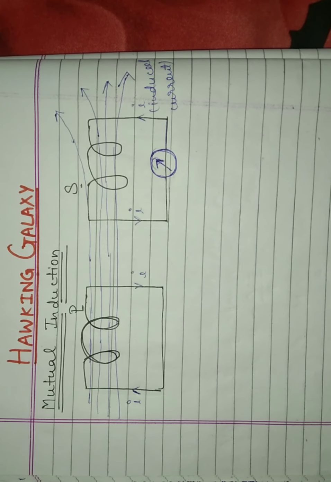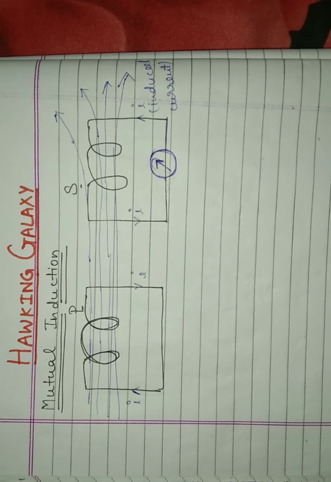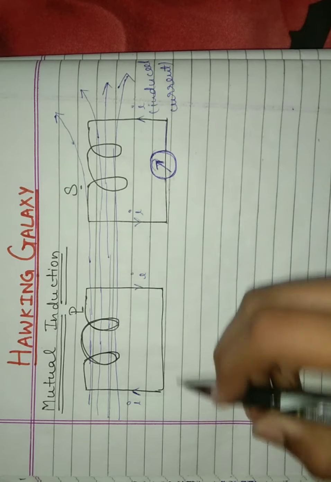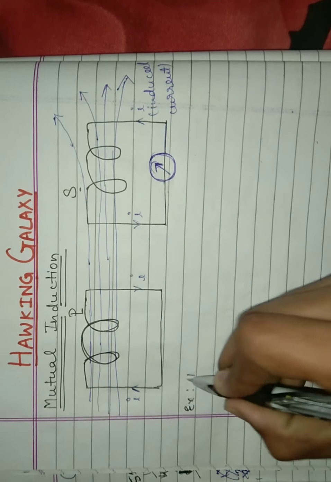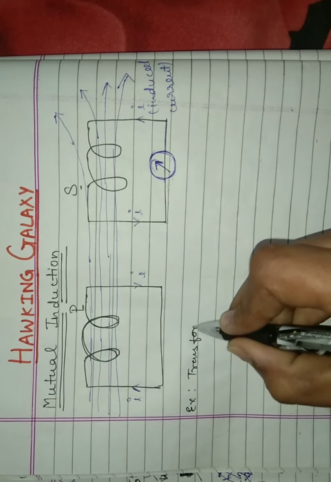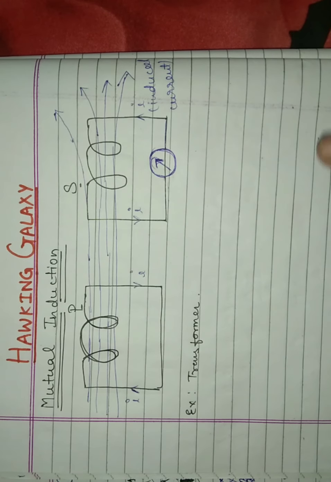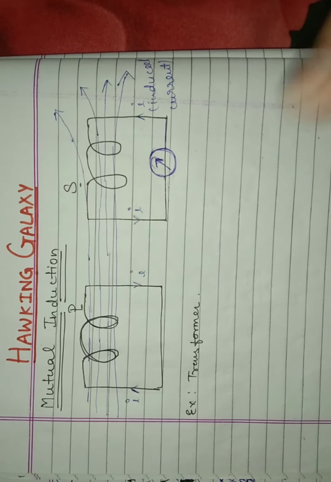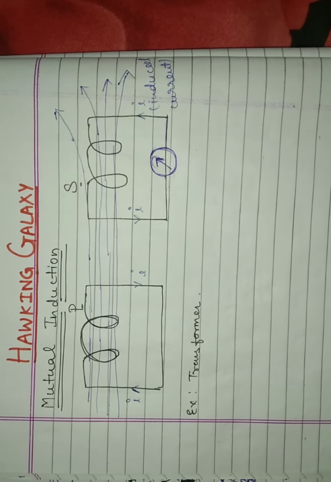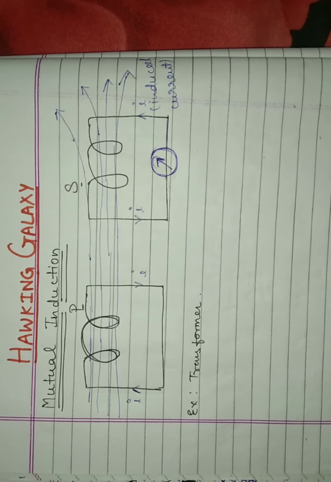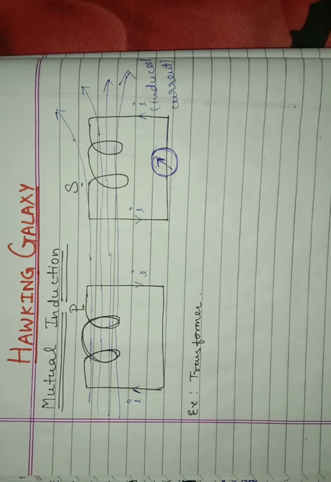Okay. Now, what are the examples of this? A transformer works on the phenomenon of mutual induction. I was looking at a physics question bank, and I saw a question asking whether a fan works on mutual induction or not.